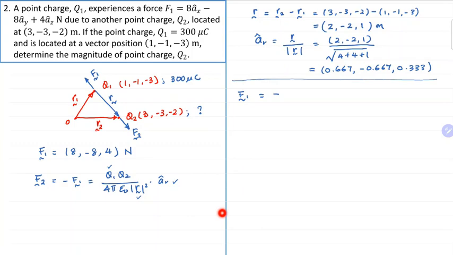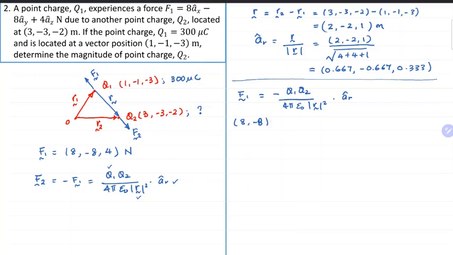So our F1 will be minus of F2, so it will be minus Q1 Q2 over 4 pi epsilon naught r squared times our unit vector r. So F1 is (8, -8, 4).